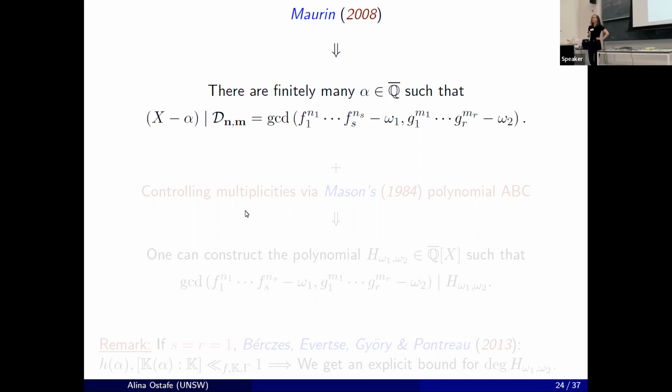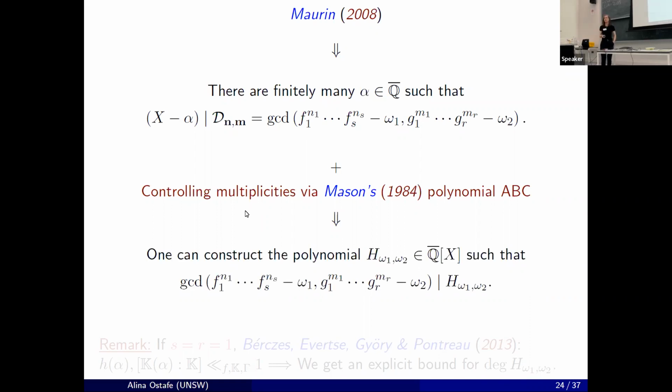So we have finitely many roots. And then we also have to control the multiplicity of such roots, which one can do using Mason's polynomial ABC. And this put together, of course, gives you a way to construct the polynomial H, for which this GCD divides H.